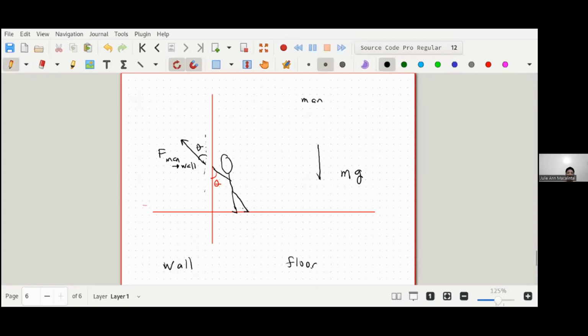So, mg. Tapos, merong, sige. The wall experiences a force from the man. So, what does that mean for the man? So, if the man is pushing upwards and to the left, the man must be experiencing a force na opposite. F wall acting on the man.